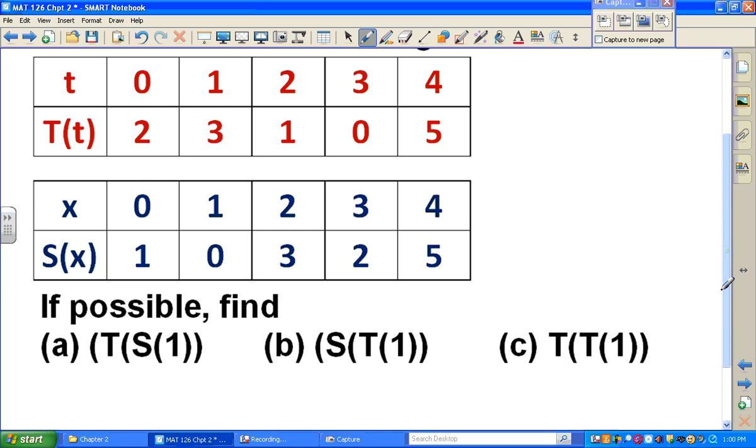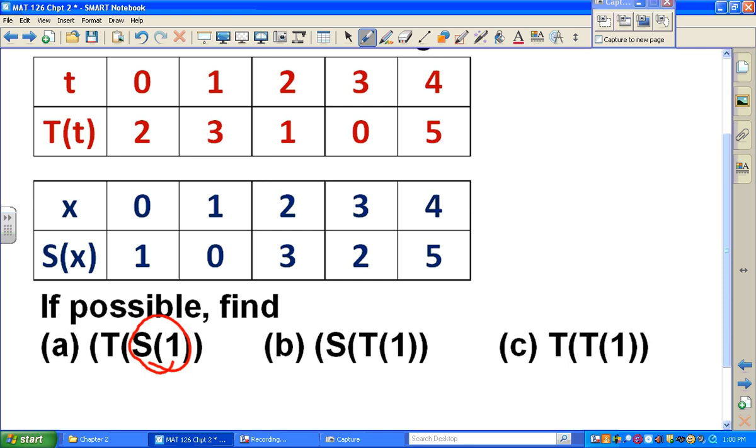I just kept walking. So on this one, the rules are you're given two functions. T is one function with a variable t. The other one is the S function with the variable x. So the idea is you take 1 through the S function, you find that answer, and run it through the T function and see what you get.